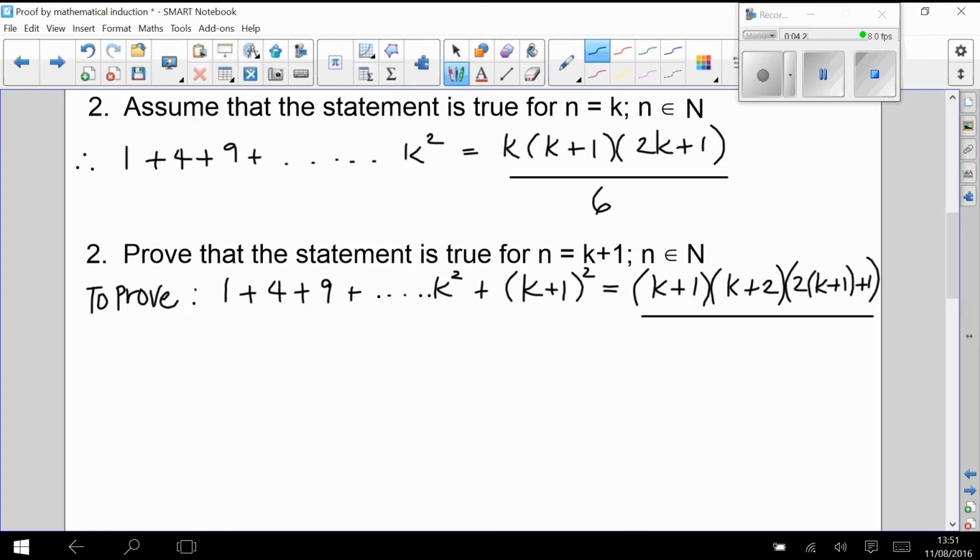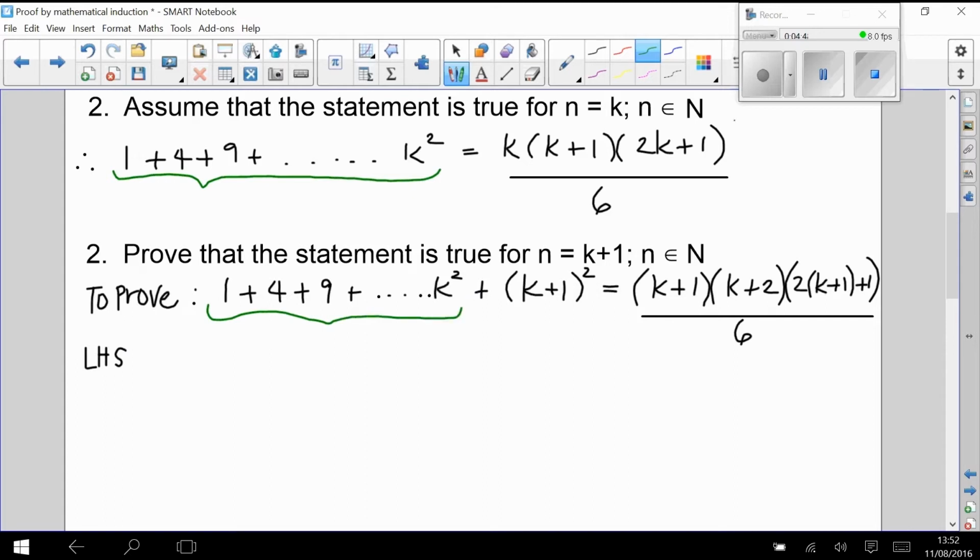Remember, when we do this step, we must start with the left-hand side and try and prove it equal to the right-hand side. Starting with the left-hand side, I am first of all going to take a look at what information I can take from my assumption. Now, do you remember that in your assumption, this part of the statement looks exactly like this part of my statement in the proof?